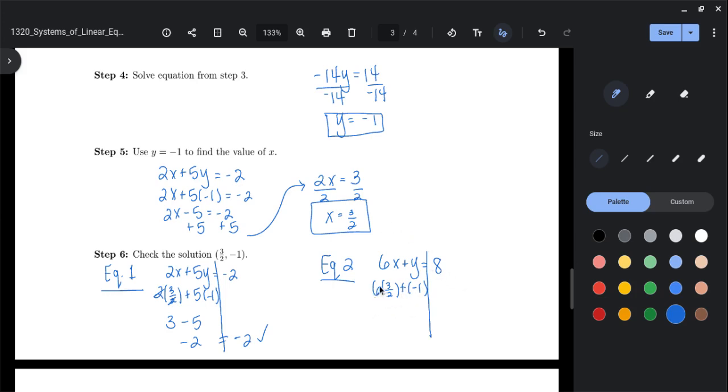So when I multiply 6 times 3/2, well, I could do 6 times 3, which is 18, divided by 2, and then -1. 18 divided by 2 is 9, minus 1. 9 minus 1 is 8. So we do, in fact, again, get a true statement. So our solution is the point 3/2, -1.